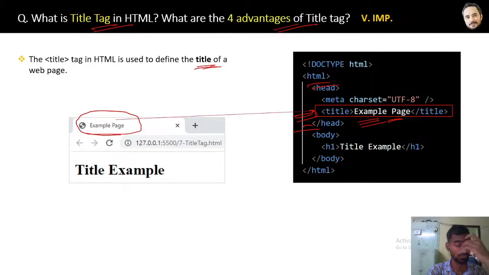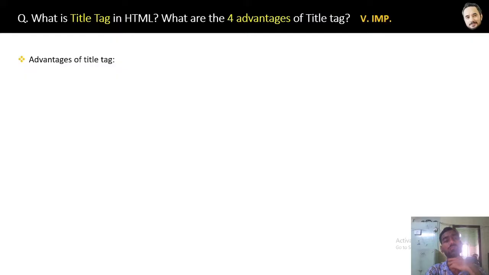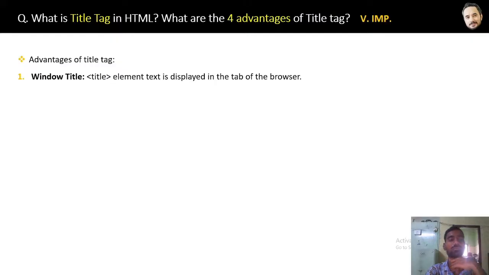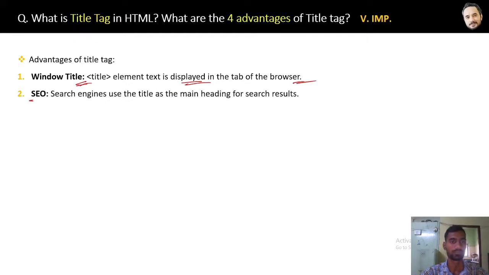Now the question is, what are the advantages? Four advantages are there. First is window titles. Okay, the title element text is displayed in the title window or tab of the browser. Second advantage is SEO. Search engines like Google use the title tag as the main heading for the search results.